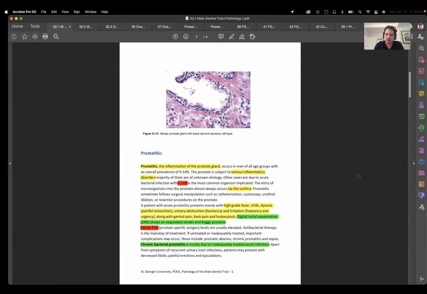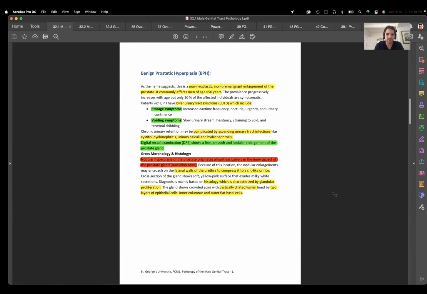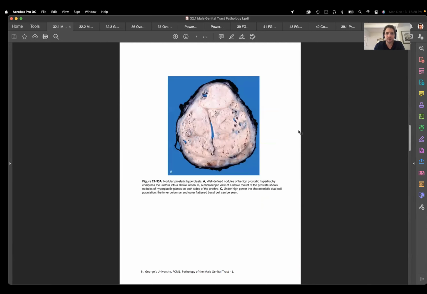So prostatitis is a thing there. You can get an elevated PSA with that too. So you need to be aware of that. Get a urinalysis. You can see if there's any sort of bacteria in the urine. Okay. Again, BPH, voiding problems, storage problems, because of where it's located around the urethra. Okay.